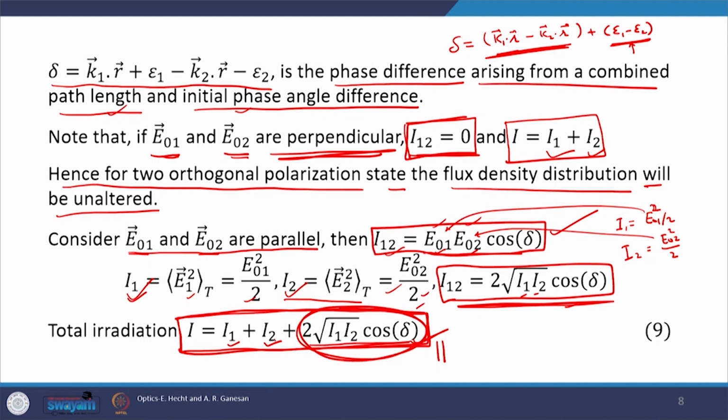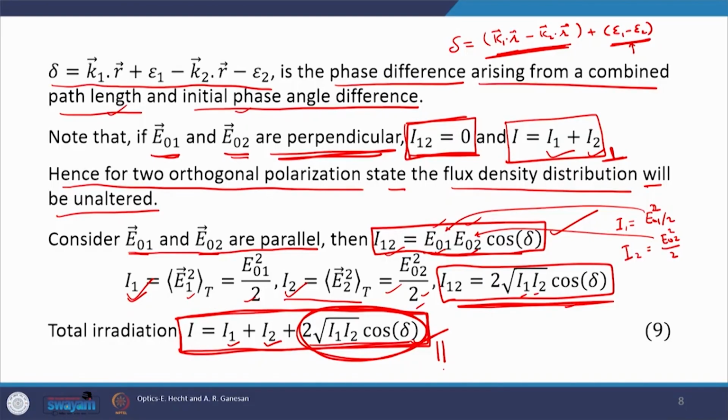While when the polarizations were perpendicular, we saw that there was no fluctuation in the intensity at the screen. The irradiance at the screen was uniform earlier when two cross polarized lights were interfering, but when the polarization is parallel, then we see a case where the intensity is periodically varying, and therefore, it is forming a particular type of fringe pattern.